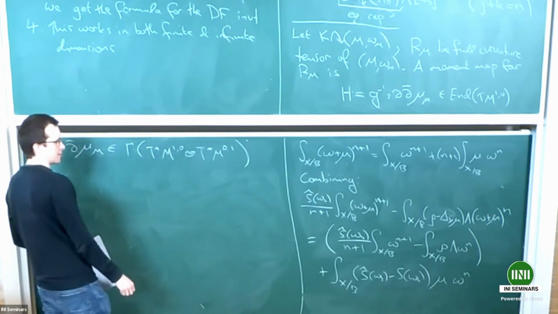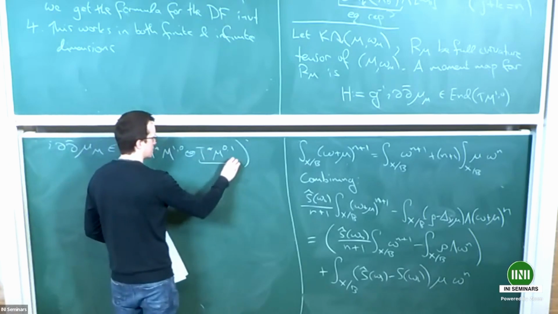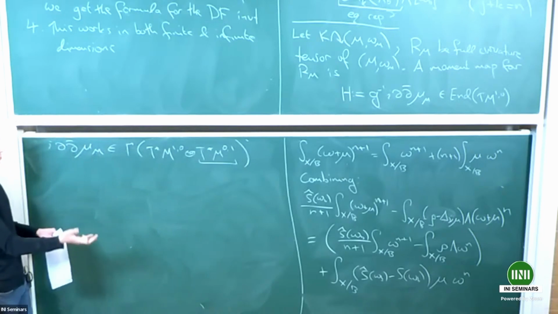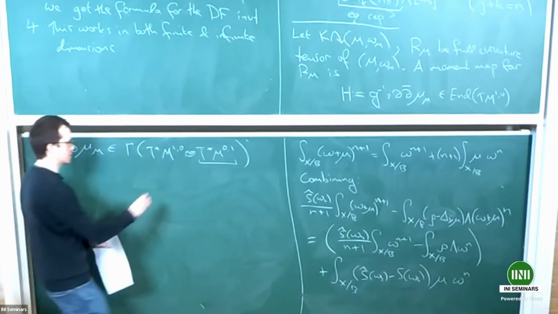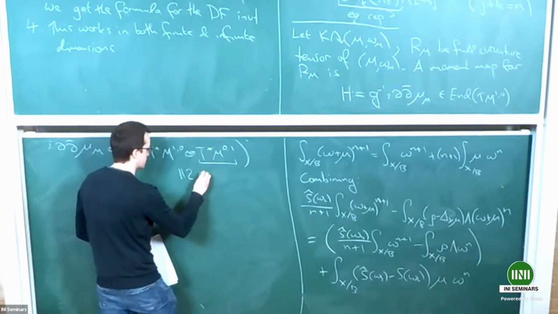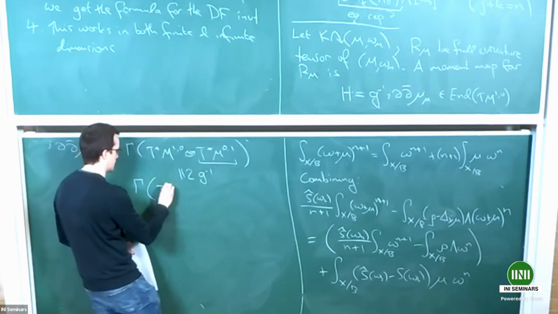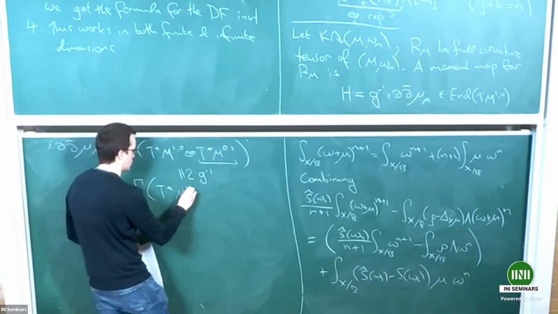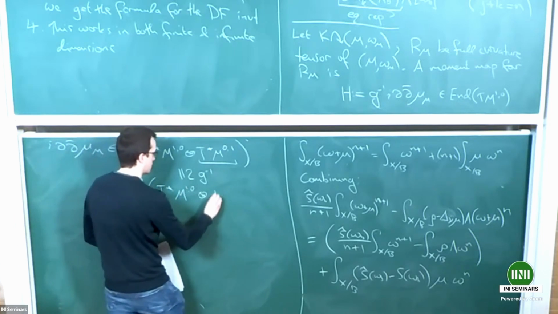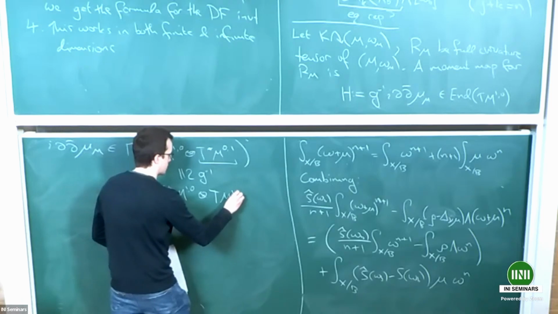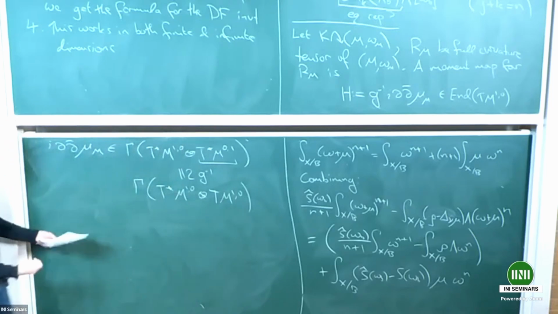But by the metric, I have an isomorphism between the 0-1 forms and the 1-0 vector fields, and that's what I mean by g inverse. So by g inverse, this is isomorphic to T*M^{1,0} tensor TM^{1,0}, and this is, of course, endomorphisms of TM^{1,0}.